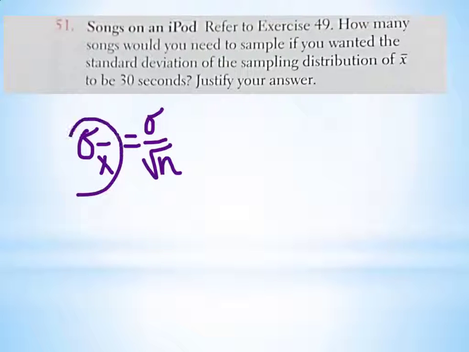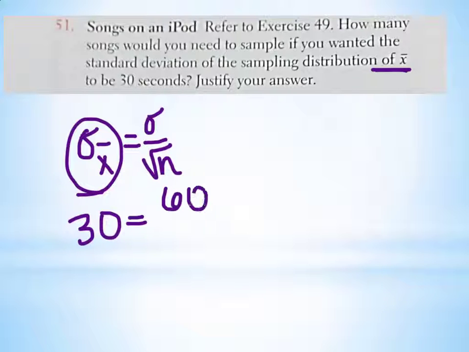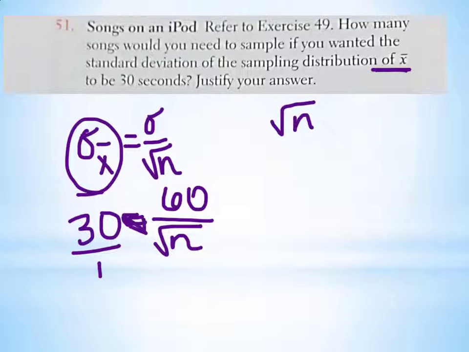So I want the standard deviation of my sampling distribution for x bar to be 30. I also know from the last slide that 60 was my standard deviation, and I'm looking for the square root of n. If you think back to algebra, when you solve for this, I could flip this and switch these two, because technically 30 is over 1. So I'm going to have the square root of n be equal to 60 over 30.